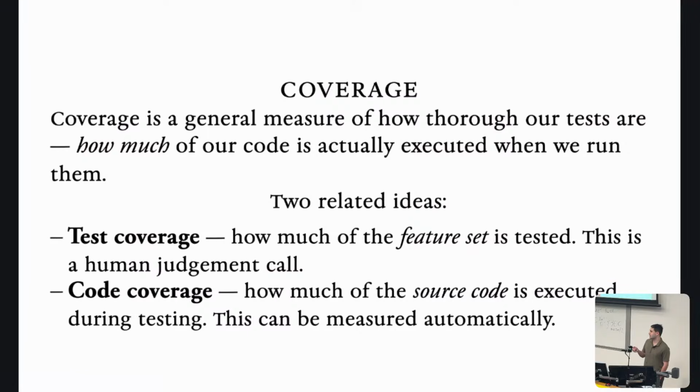And there are two related ideas here, test coverage and code coverage. Test coverage is how much of a feature set is tested, and this is up to you as a great software engineer to understand. But code coverage can be automated, and it's basically saying what percentage of the source code, the total body of testable code in a program, is executed during testing.